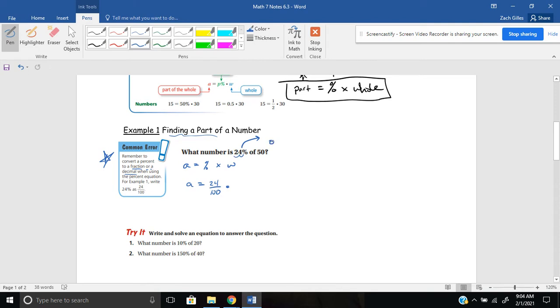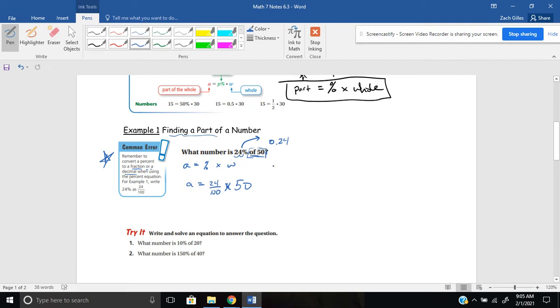So that's the same thing as 0.24. You could use either one. So I have A equals percent, which is 24, times my whole. Remember, the word of next to your number is a good hint that that's your whole. So my total is 50. So I'm looking for what's 24% of 50.